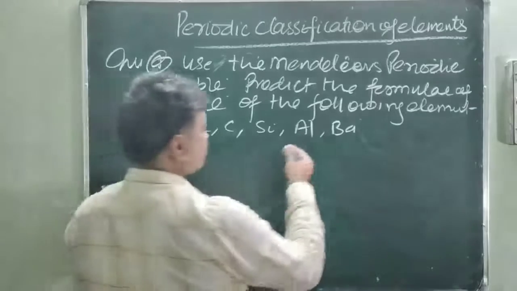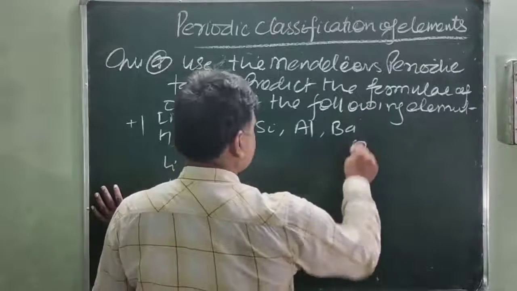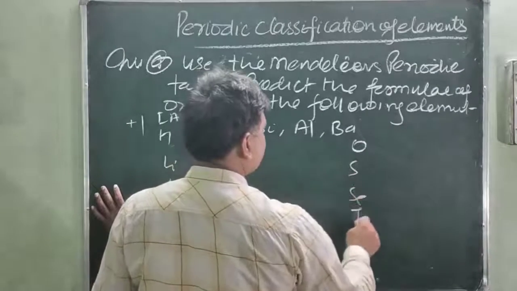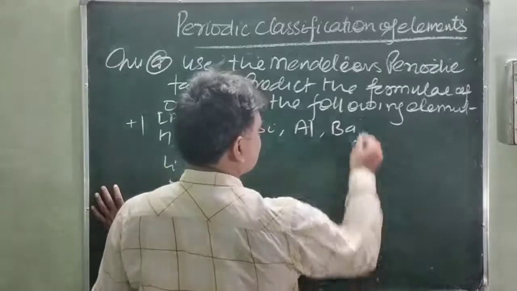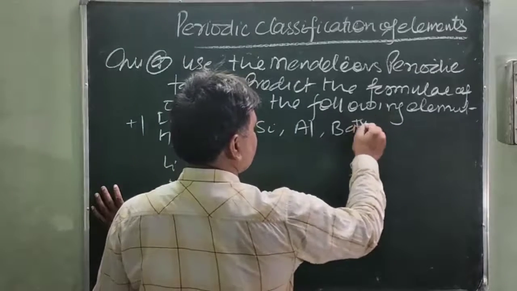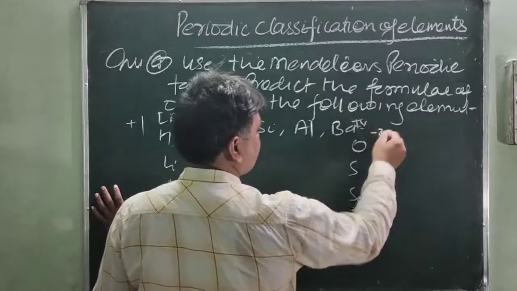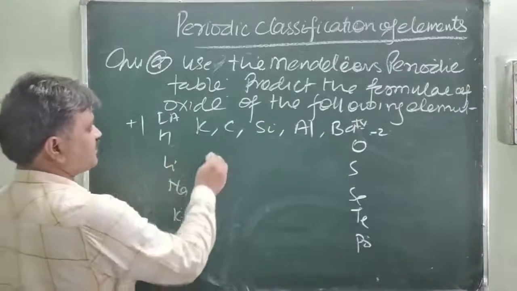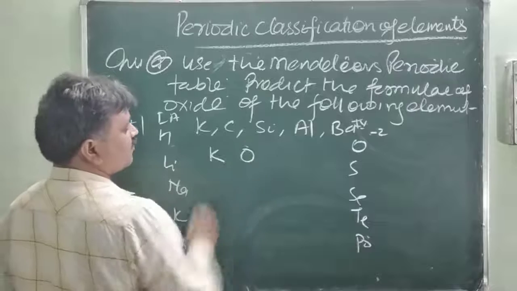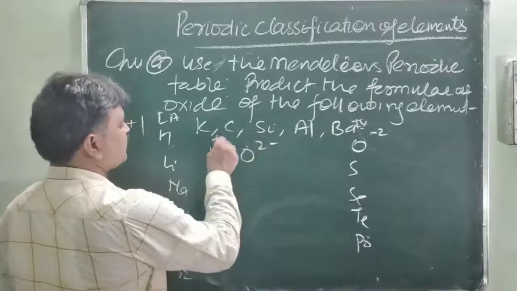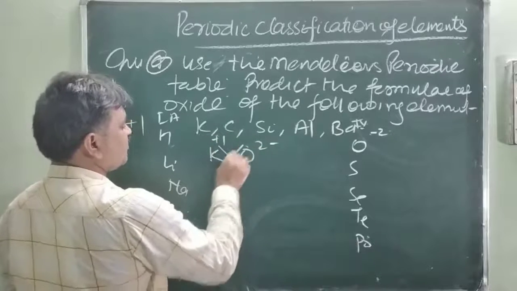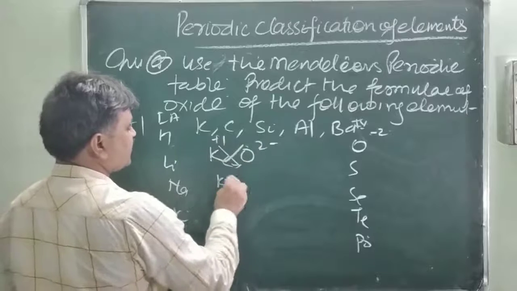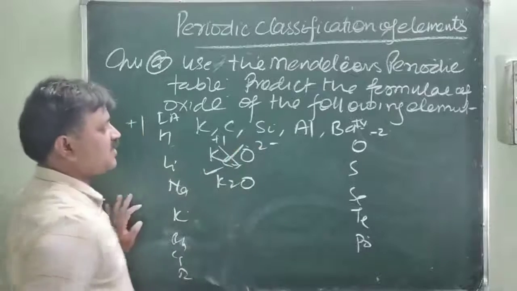And oxygen, sulfur, selenium, tellurium, polonium are group 6 elements, and their valence is -2 because 2 electrons are required. So what would be the formula of oxide of potassium? This is K and O. O has -2, K is +1, so we cross multiply. This is K2O, potassium oxide.